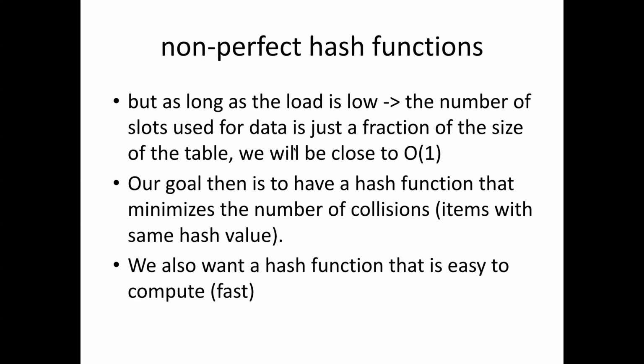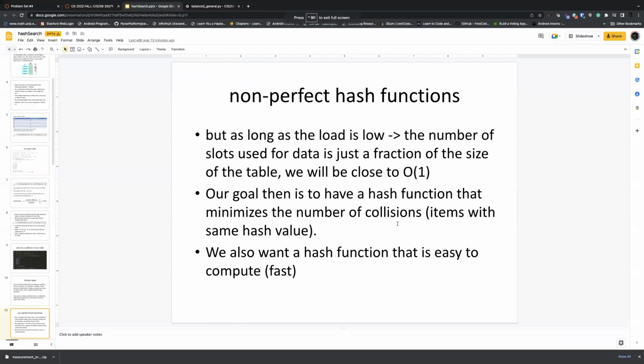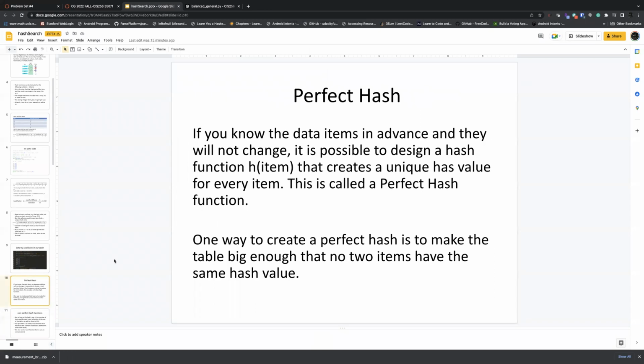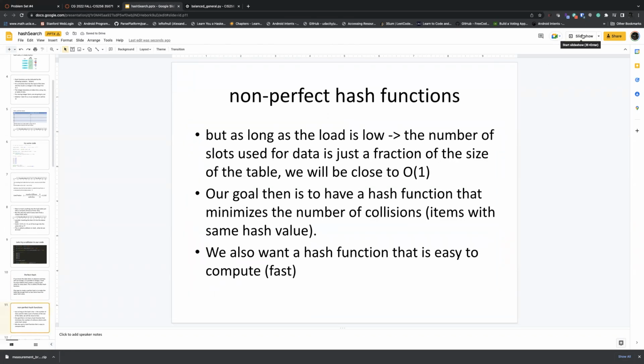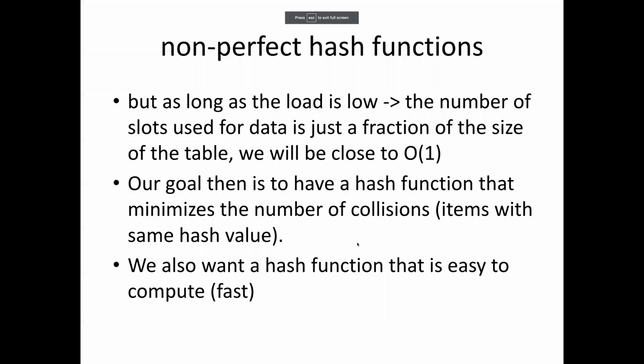So yeah, this one is a perfect hash value. Okay, very good. Now, as long as the load is low, the number of slots used for data is just a fraction of the size, right?